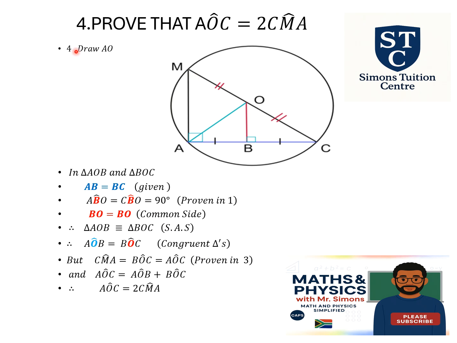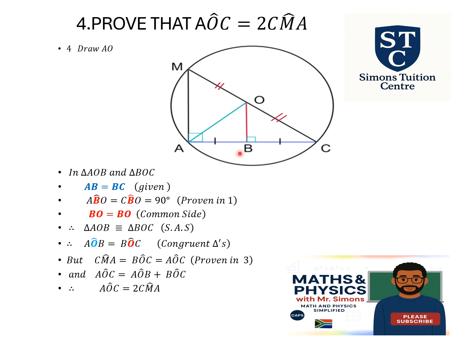First I'm going to draw AO so that I can form that angle properly. Now I know AB equal BC, it's given. Therefore, if this is equal to that, I have ABO and CBO both equal to 90 degrees. So that's 90 and 90, it was proven in question 1.